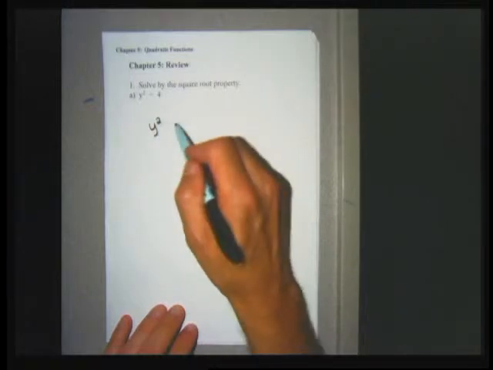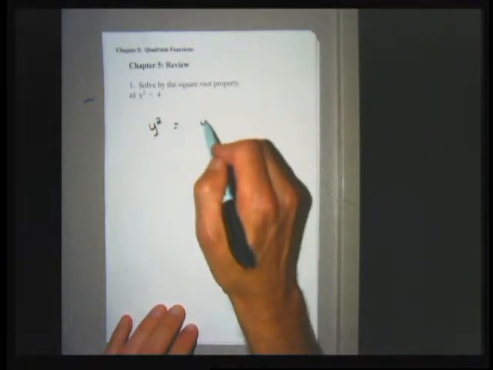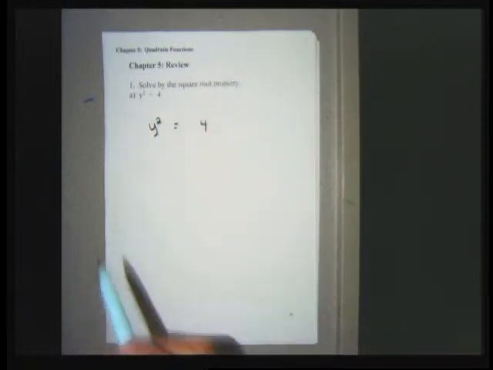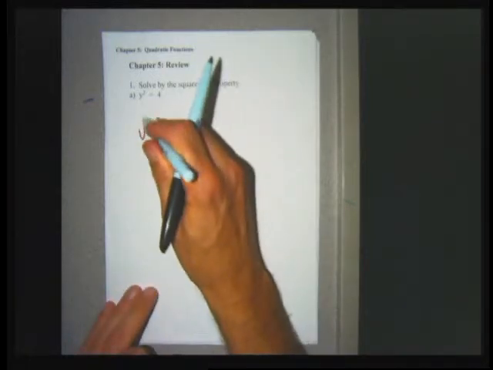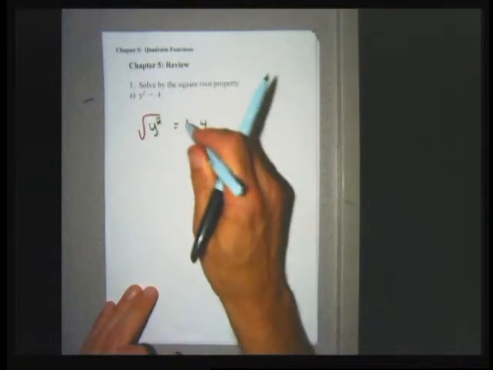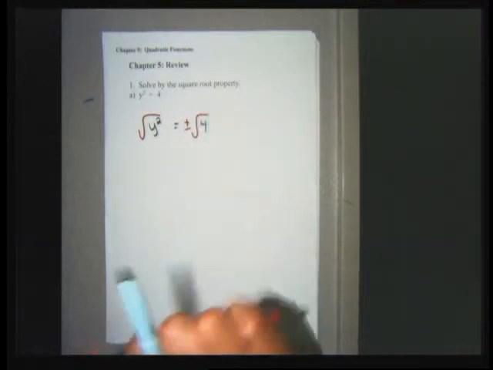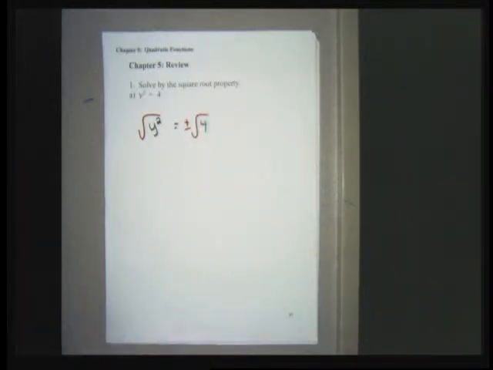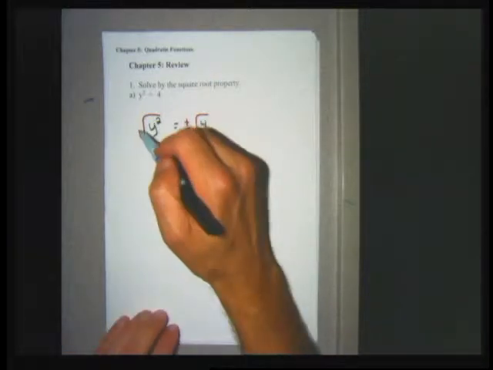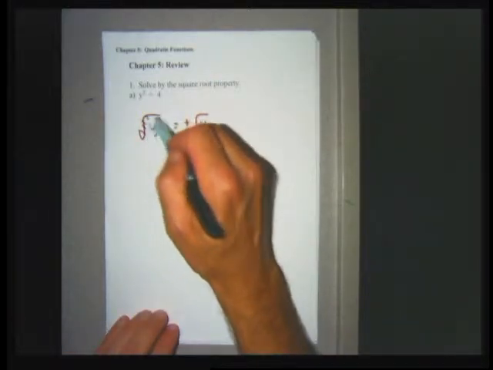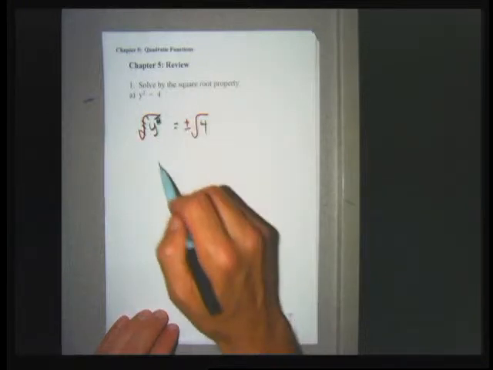Problem 1 asks me to solve by the square root property, and most of the problems are set up for that. To solve by the square root property, you square root both sides. You need plus or minus square root on one of the sides, and normally we put it on the side without the variable. On the left side, square rooting cancels out the square. It leaves me just the y.